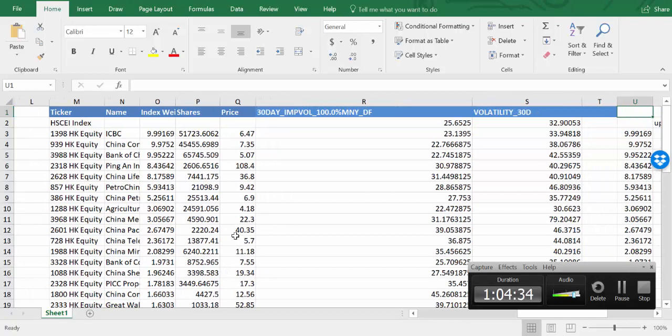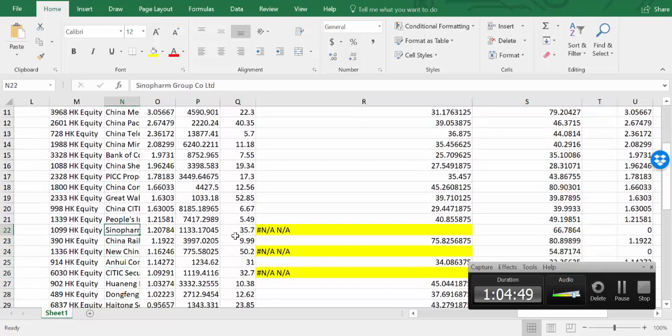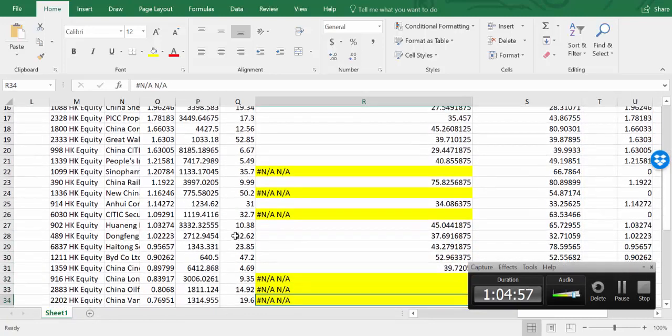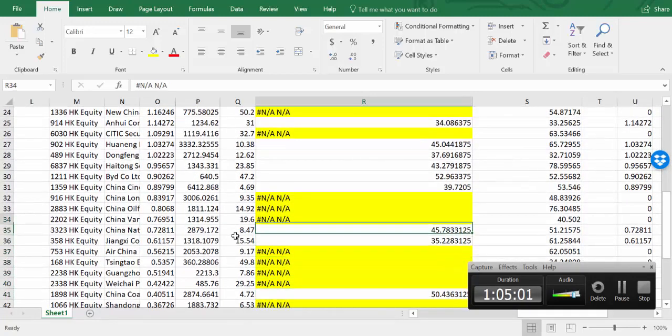So here you have an index, and these are the stocks: CCB, BOC, Ping An, China Life, PetroChina, and there are some smaller companies, such as Sinopharm, New China Life, or CITIC Securities. They do not have an option market. Now actually they might have that now, because this was a little while ago when I did this, but some of them don't have an option market.